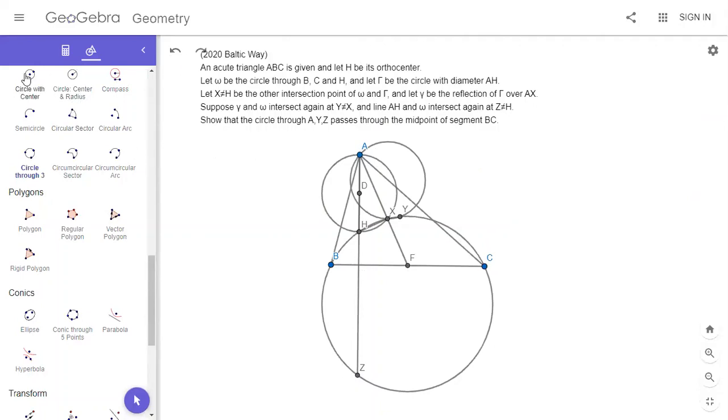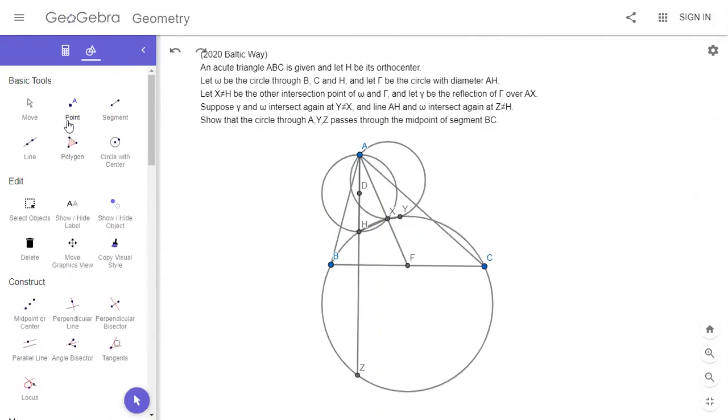And we know AFZ is isosceles. So another way to say it is we want to show AYF plus EAF is 180.